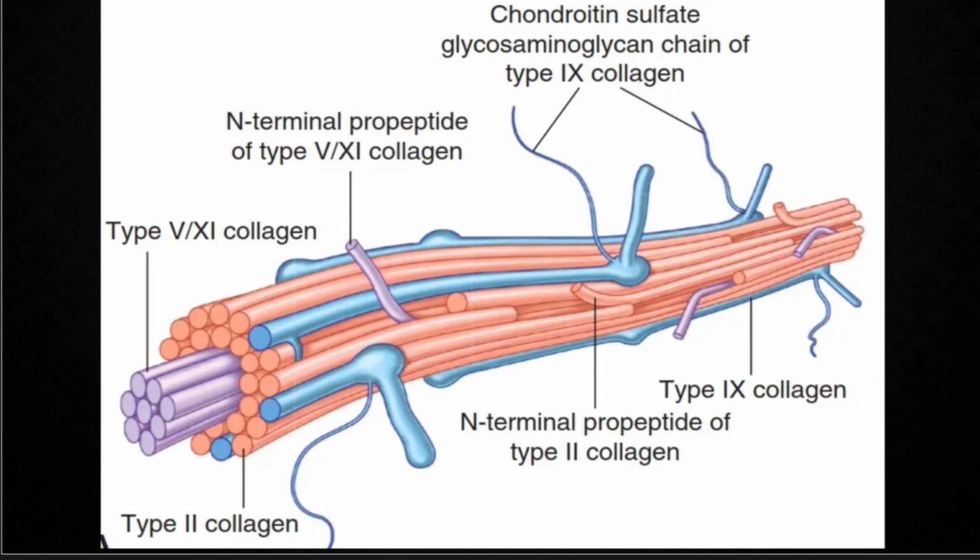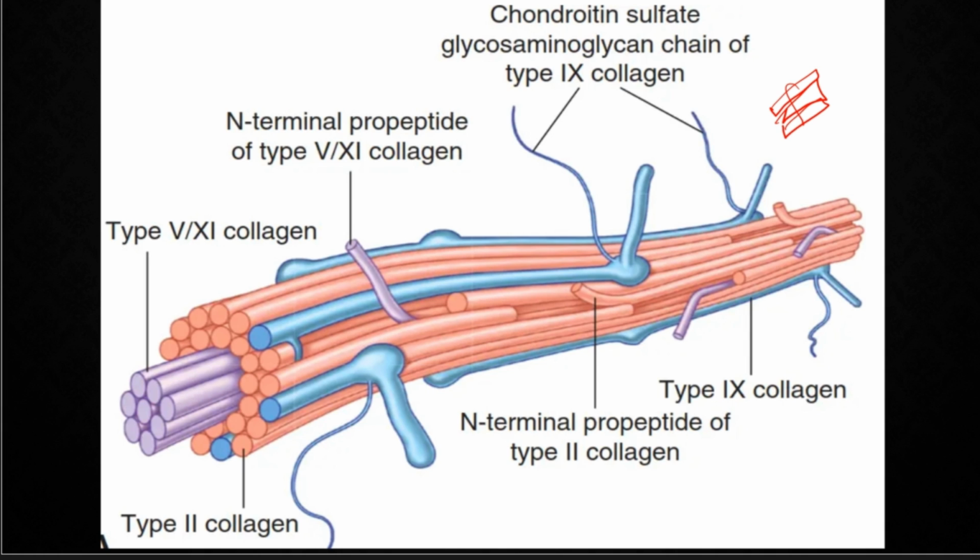Let us try to understand this collagen structure using this diagram. In this diagram, the thin filaments that you see are known as the fibrils. When these fibrils coil together with other fibrils, they form what is known as a fiber. So a fibril is a smaller unit and a fiber is formed by numerous fibrils joined together.